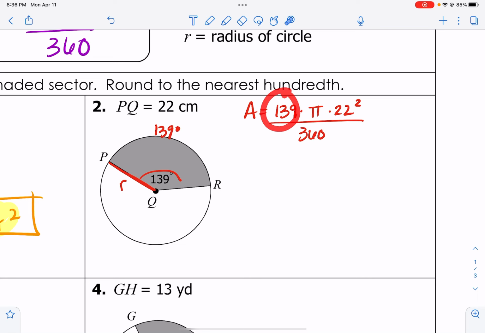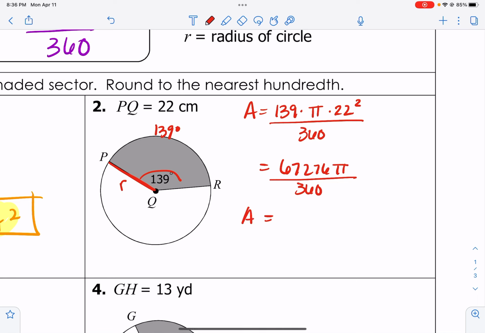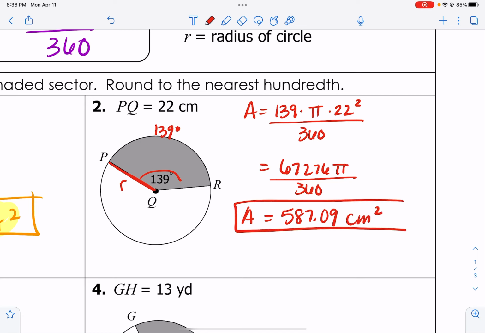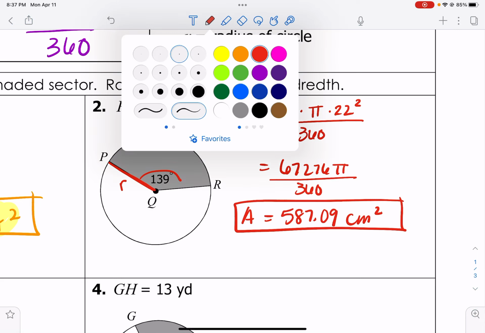So we have our arc, we have pi, we have our radius squared, and we have the total degrees possible in a circle. Putting that in the calculator, the top row comes out to 67276 pi divided by 360. And when simplified, we get the area is 587.09 centimeters squared. It really is about knowing where the numbers go in the formula for ease.